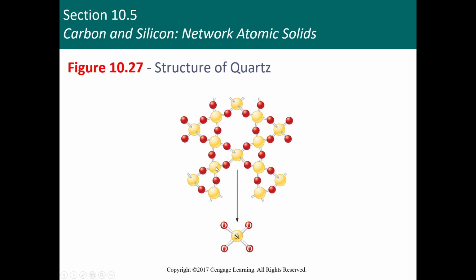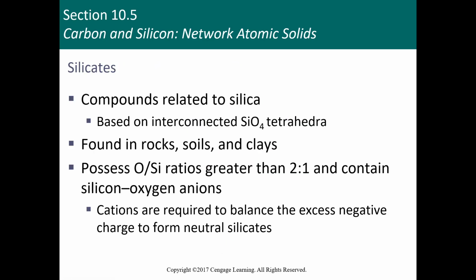So there's 1 Si for every O2. Each Si forms bonds with 4 oxygens. And these are the silicates or silicas. This one is the structure of quartz actually right here, which has a higher ratio of oxygen in this case.